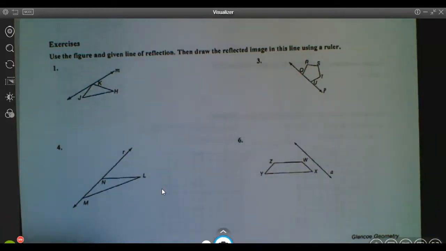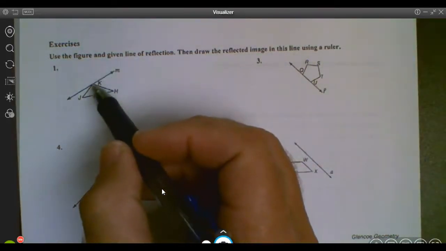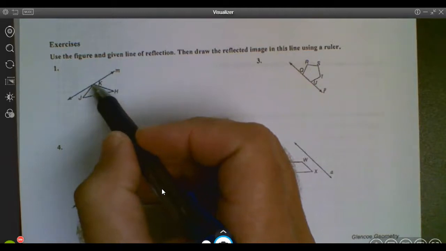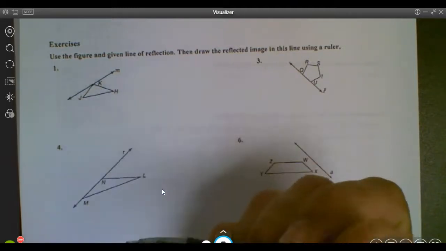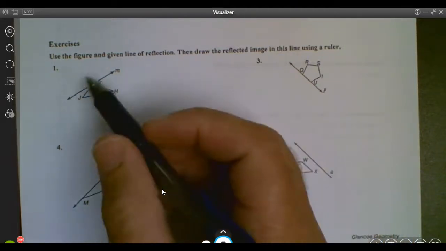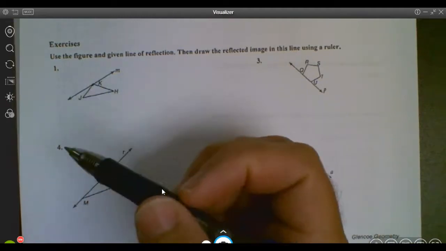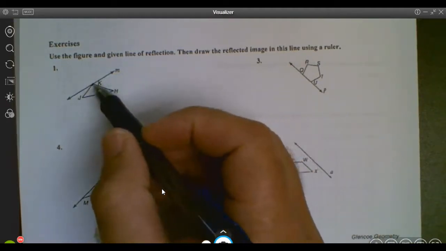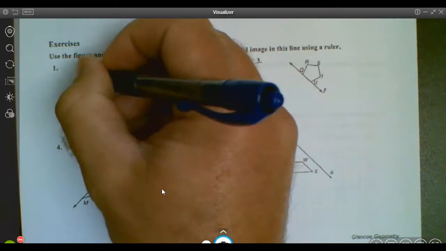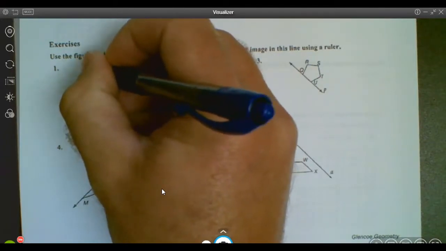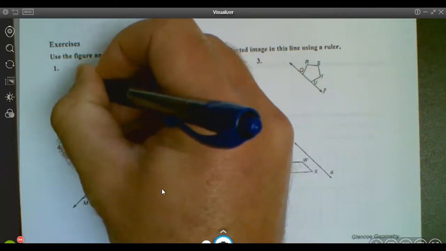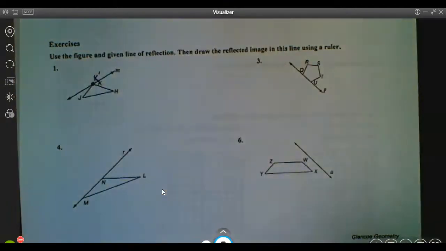Well, one thing to note is if there is any point of this that is on the line of reflection, well, that guy's not going to move, right? Because his distance from the line of reflection is 0. So he's not going anywhere. So point K is not moving, right? I'm going to put K prime in the same location because it's already on the line of reflection, so he can't really go anywhere. However, J and H certainly could.